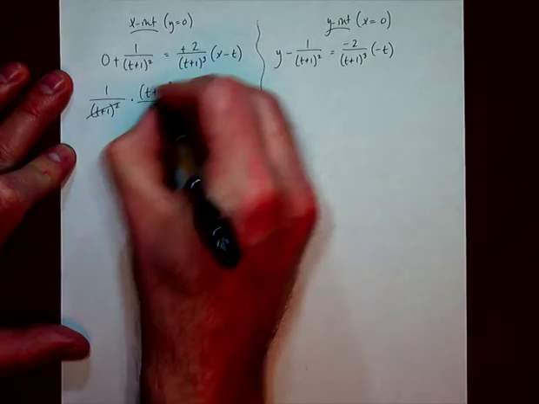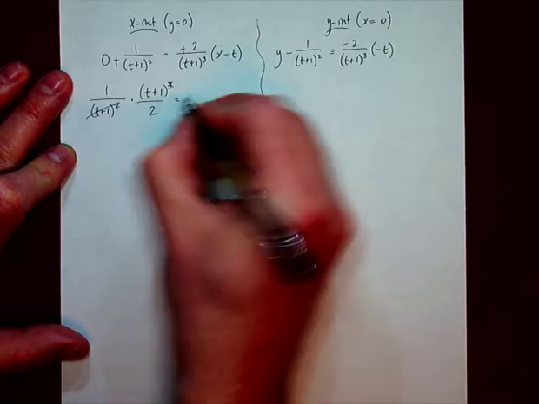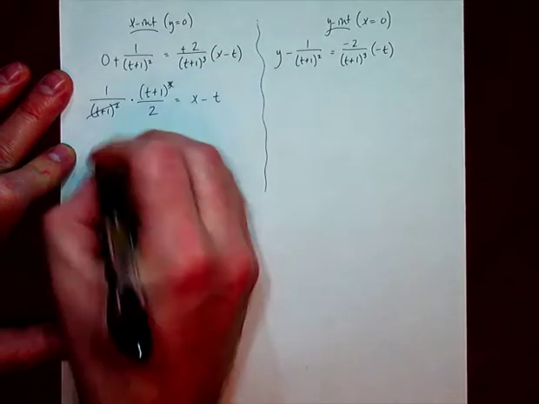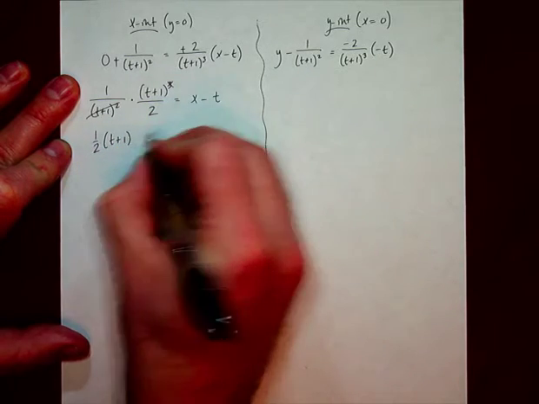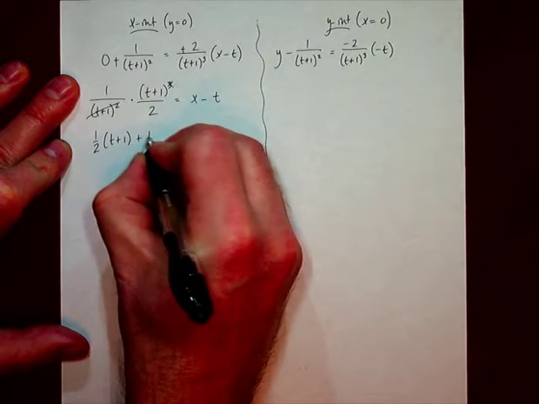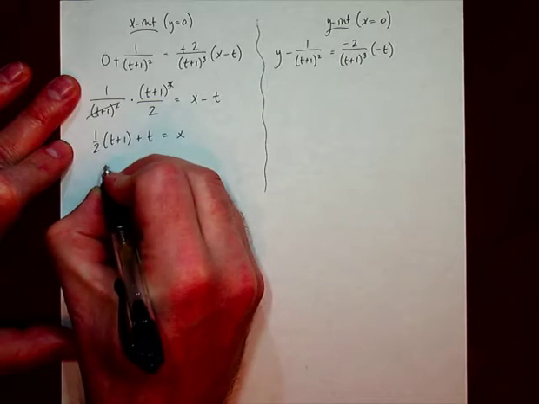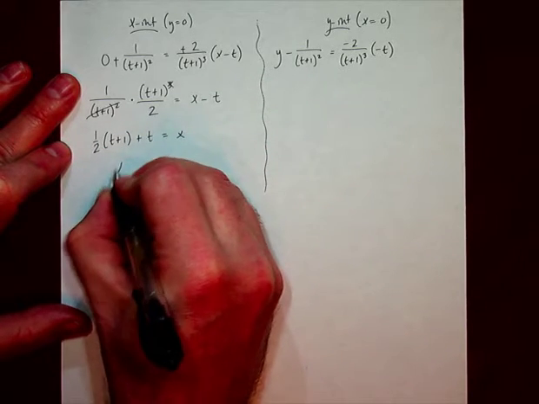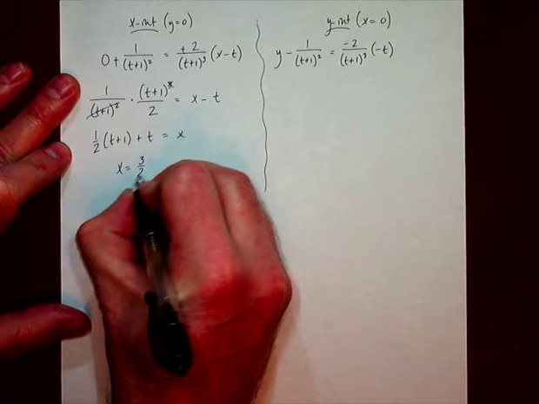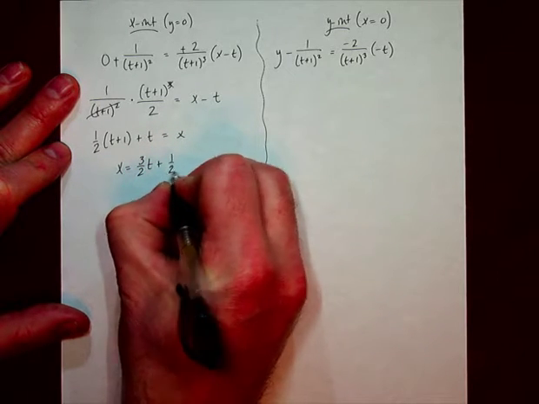Well, that cancels out with 2 of those, and I'm left with x minus t equal to 1/2 times t plus 1, and then I'm going to add t to both sides, and that becomes 3/2 t plus 1/2. So x is equal to 3/2 t plus 1/2.